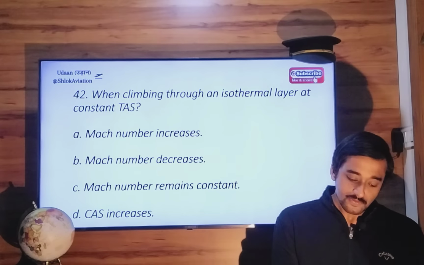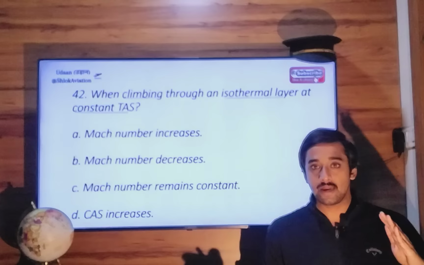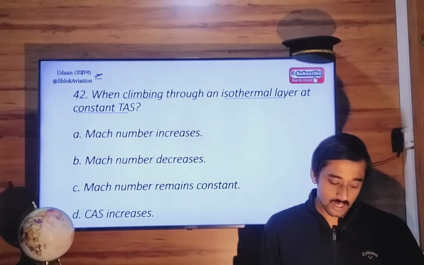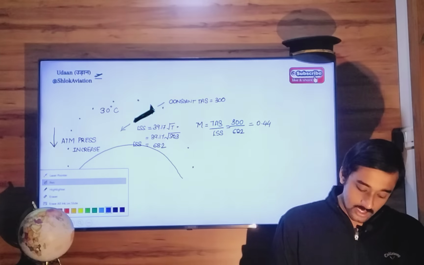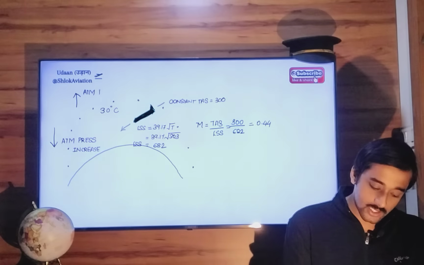When climbing through an isothermal layer at constant TAS. So you are climbing at a particular true airspeed in an isothermal layer. So same layer. So when you are climbing at constant true airspeed, when you climb to higher altitudes, atmospheric pressure decreases, right? Atmospheric pressure decreases.